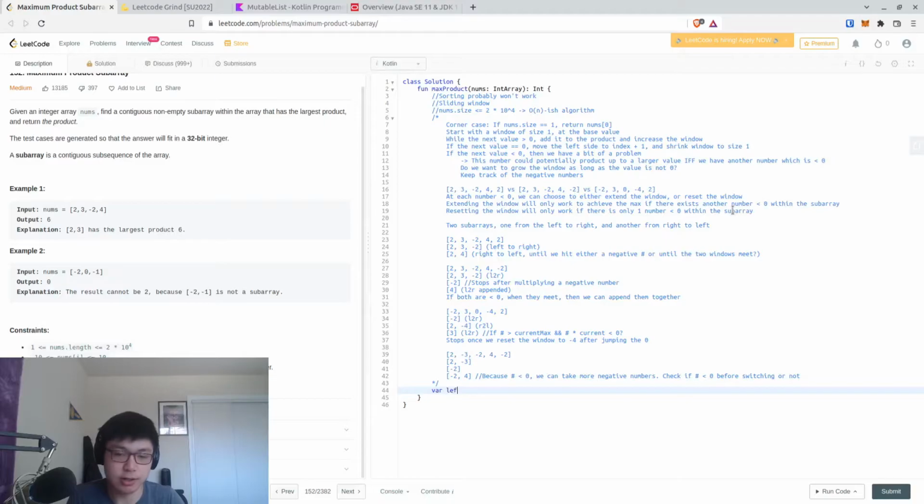So we can say var left window left is equal to 0. Var left window right is 0. Var right window left is equal to nums size minus 1, var right window right is equal to nums size minus 1, while the left window right is less than the right window left.